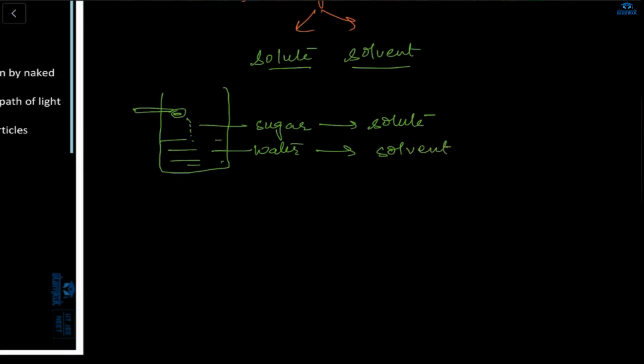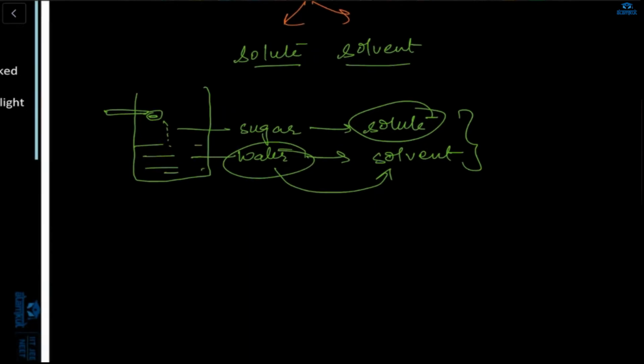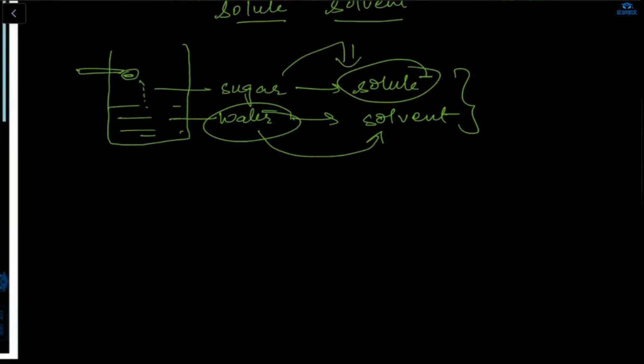Solute is in a very less amount which is dissolving. I am dissolving a sugar in water or salt, we can say. That's why water is a solvent. Water is a medium in which sugar is dissolving. That's why sugar is called the solute and the water is called the solvent. Okay? Yes, ma'am, got it.